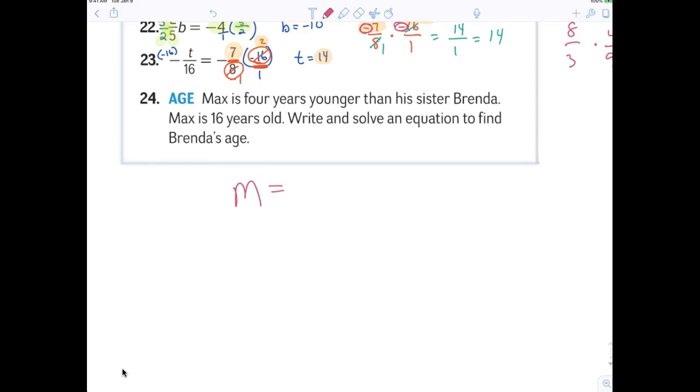So how do I write 4 years younger than Brenda? Yes, good job, kiddo. B minus 4. So Max is equal to Brenda minus 4. Is that good with everybody on that? Everybody see that? I did it a different way. No, that's okay, but let me get to the answer and see if it's your way. Now it says Max is what?